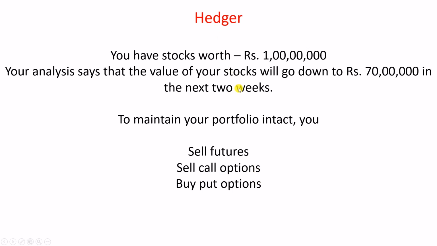Now, hedging and arbitration are done by people who have lots of money, institutions or individuals with lots of money, whereas investing and trading is done by people like you and me. So these are the four main small players in the stock market.